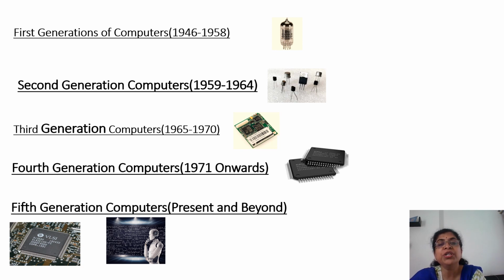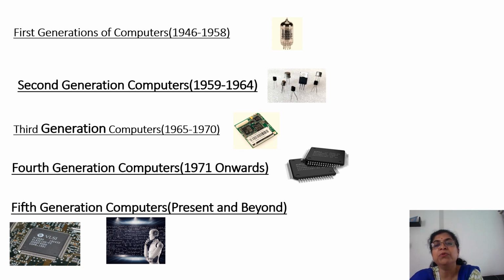Compared to the first generation, the second generation computer size was a little bit reduced and it could do things quickly. The period was 1959 to 1964, and there transistors were used. Because of the use of transistors, the size got reduced and the cost also got reduced.